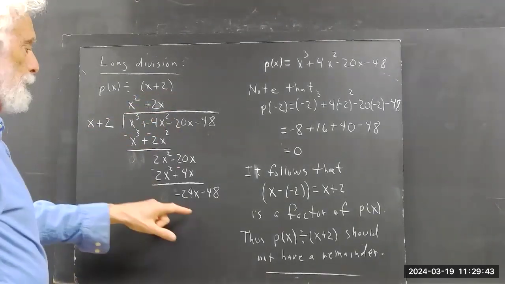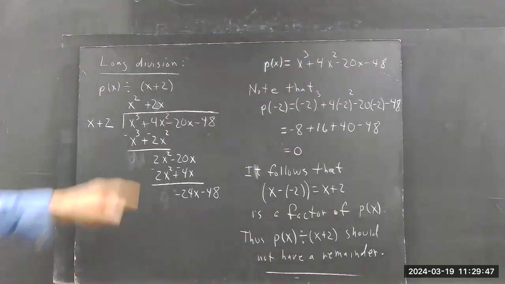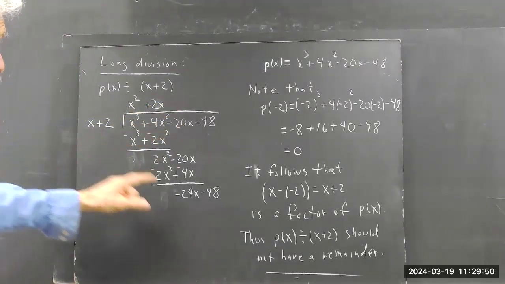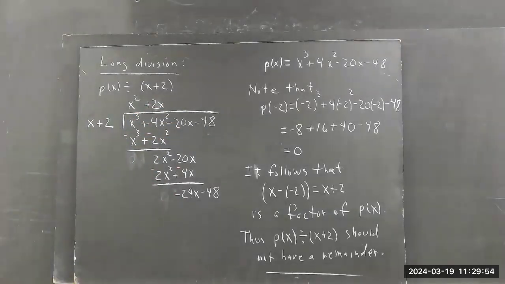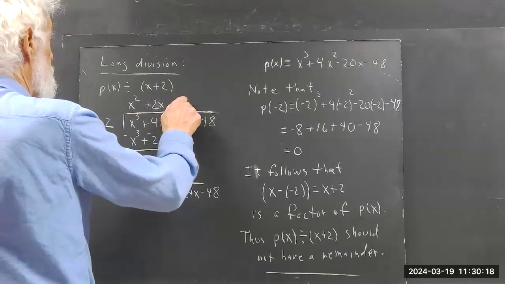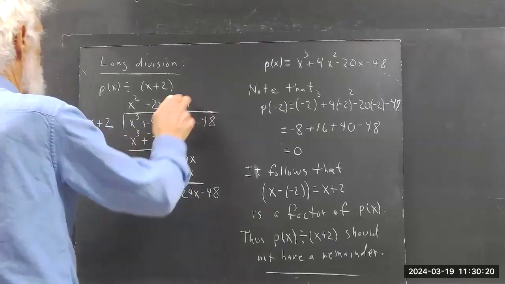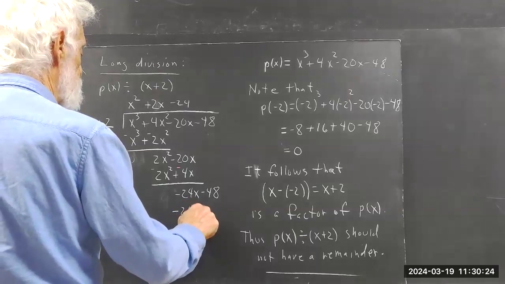So I multiply it by X, I get negative 24X. And put a number here, so I multiply it by X, it matches this. Okay, so I'm going to put negative 24 here. And multiply negative 24 by X, it gives me negative 24X.